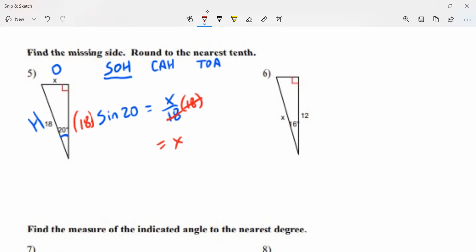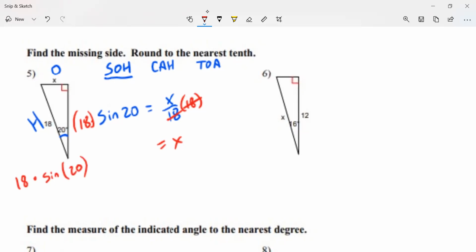Now, if you're using the calculator in Canvas, you're really just going to type it in as it is. You're going to go 18 times, and then you use the key that says sine, and it's going to open parentheses there. You just type in 20. Don't forget to close your parentheses, and then just press enter.